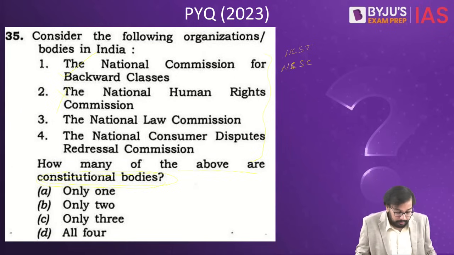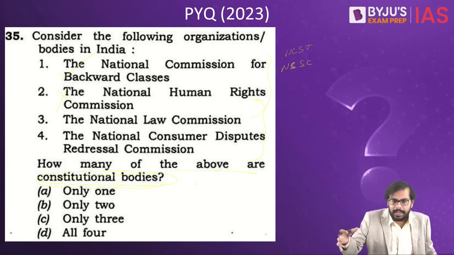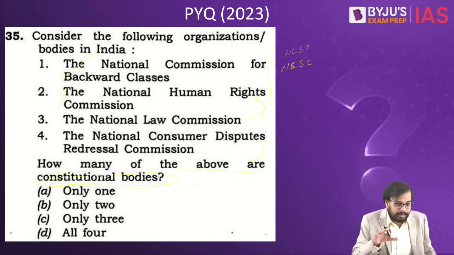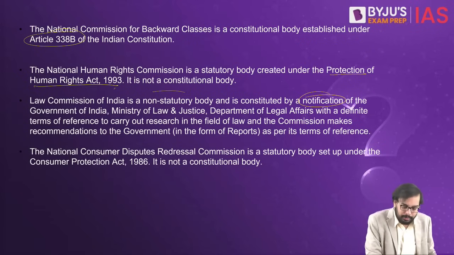So what about the third one, the National Law Commission? Is it a constitutional body? National Law Commission is not even a constitutional body. It is neither a statutory body. You have to understand this. Your NHRC was a statutory body, established under an Act, whereas the National Law Commission is not even a statutory body. It is just an executive order, an executive notification. That is, it's a non-statutory body.